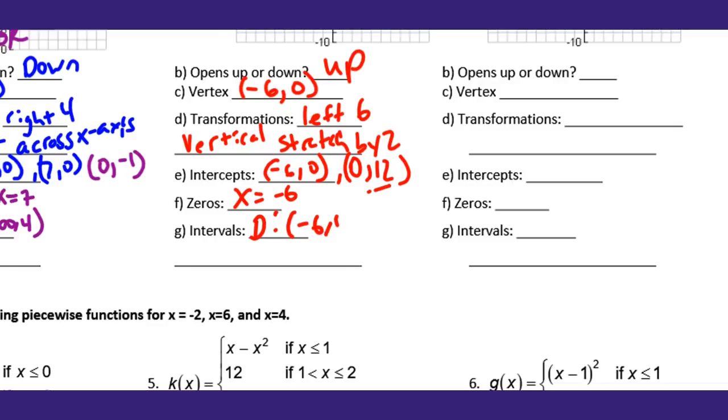And then that means my increase is going to be from -6 to positive infinity. Alright, there we go. That's our interval of increase and decrease.